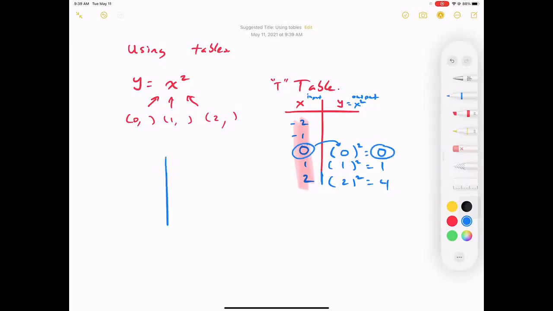Let's go ahead and graph that. So if x is 1, 2, -1, -2, going up 1, 2, 3, 4, and down -1, -2, -3, -4.